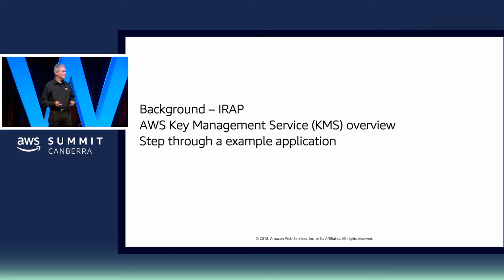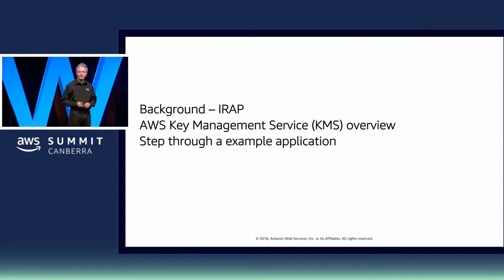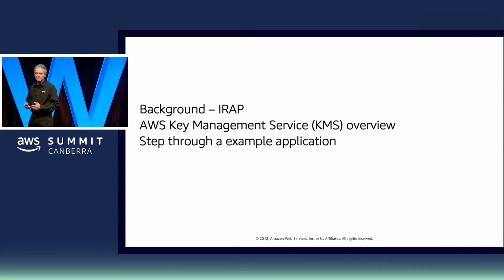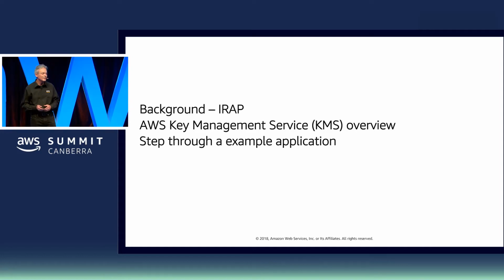To do that, I'll give a little bit of background into encryption concepts, and then dive down into KMS. And then to make that real for you, I'll go through a walkthrough of a fairly simple application, just a standard web stack, to show you in practice how you'd apply KMS to implement encryption at rest pervasively across that architecture.